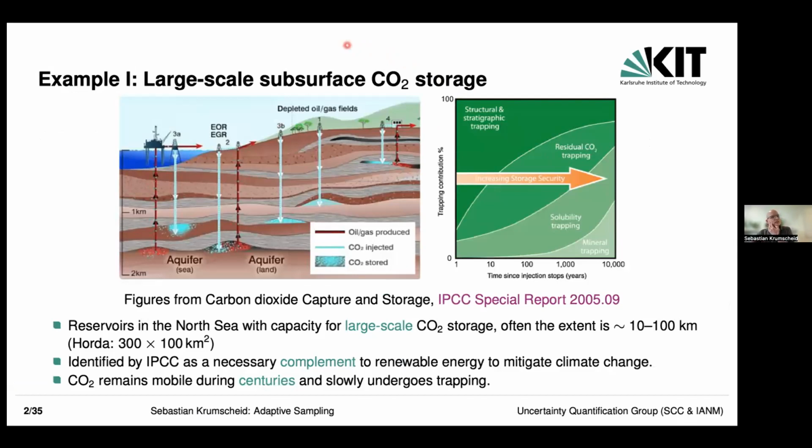The idea really being that you extract the CO2, you capture it, and you transfer it with some process into the subsurface, and hopefully you trap it there long enough such that we can buy some time to, let's say, solve climate change, or at least find some good ways of how to deal with it.